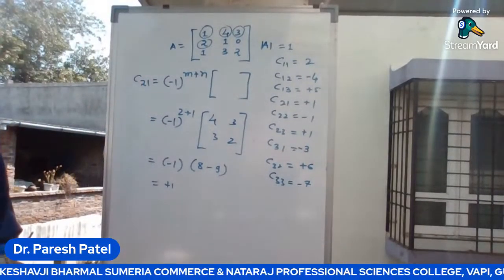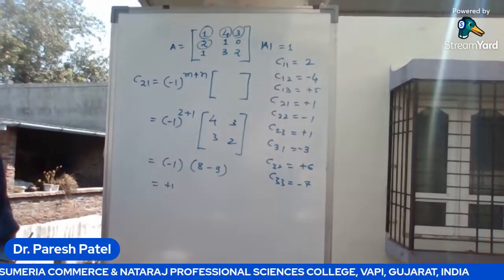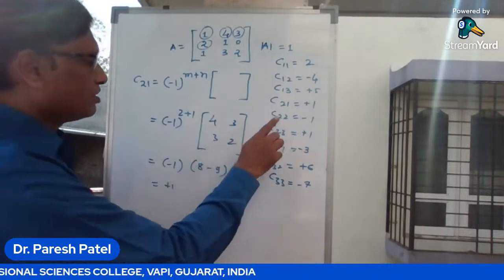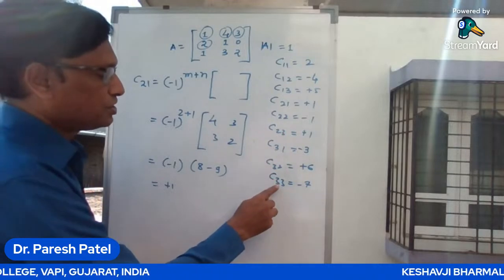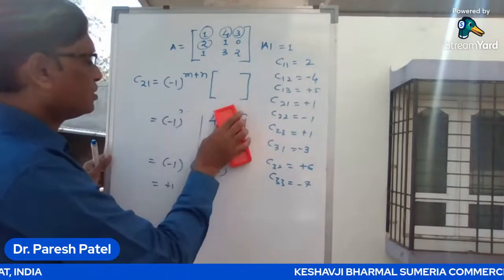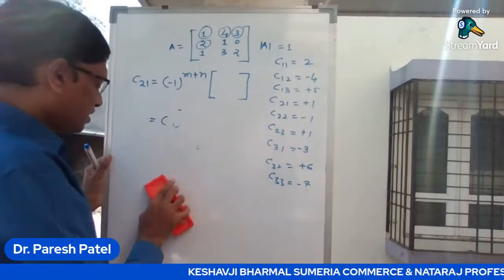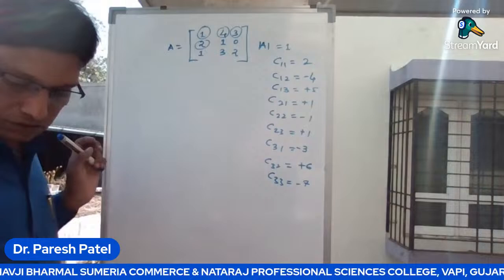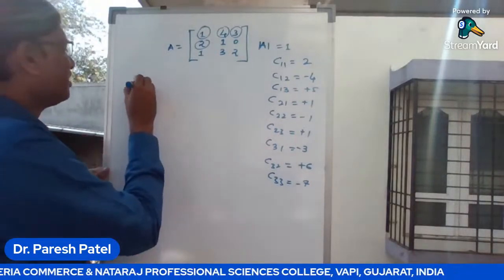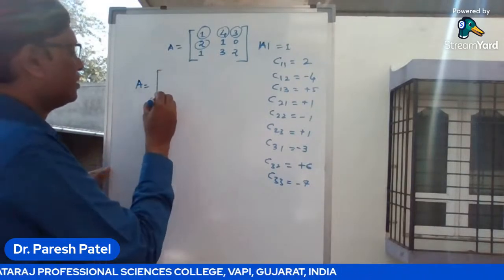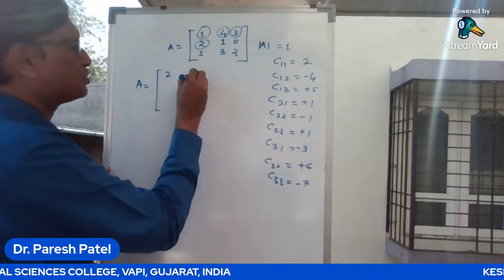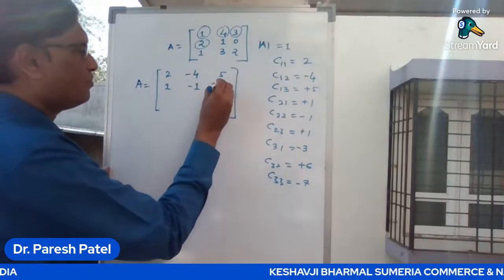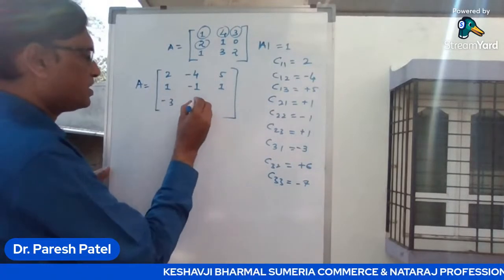So 2, minus 4, 5, 1, minus 1, 1, and minus 3, 6, and minus 7. Similarly, we go for C22, C23, C31, C32, C33 in the same way. We can represent these values in the form of a matrix: 2, minus 4, 5, 1, minus 1, 1, minus 3, 6, and minus 7.